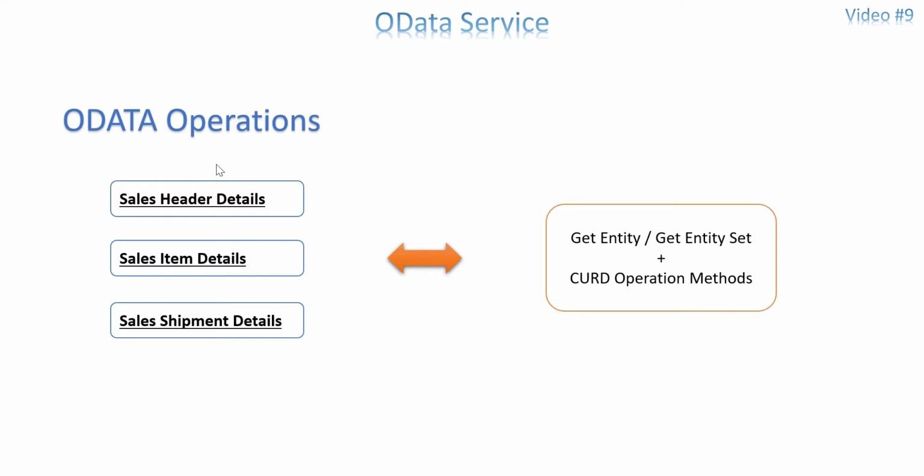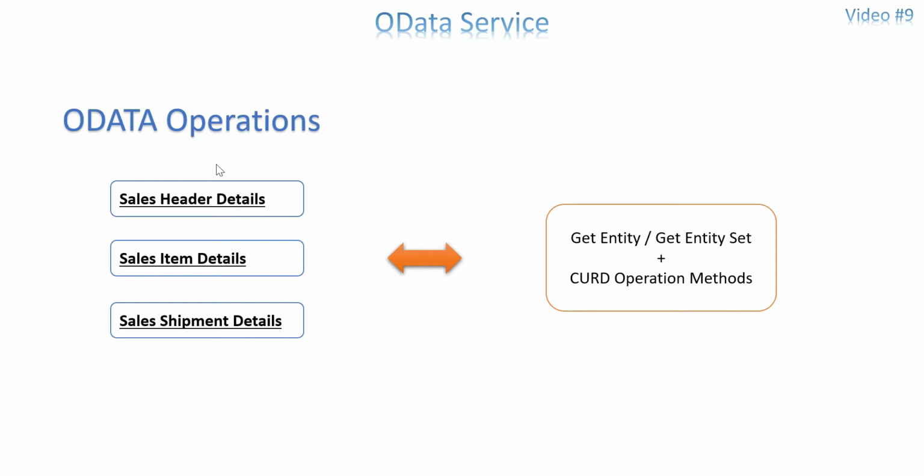The first rule of function import is, if a business scenario is not able to be managed with the default OData CRUD operations, then only go to function import. If you're able to manage whatever the business needs with the CRUD operations, please don't go with the function import.